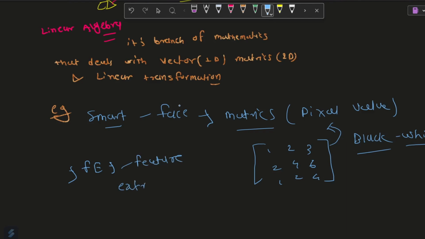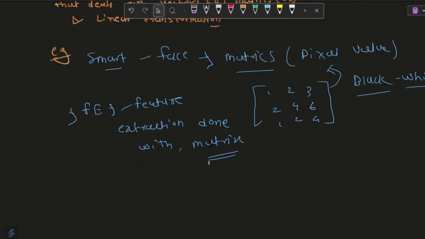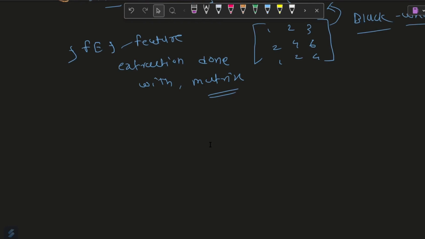Feature extraction is also done with matrices. Learn about matrices, vectors, and linear transformations; they all revolve around vectors and the input data matrix.